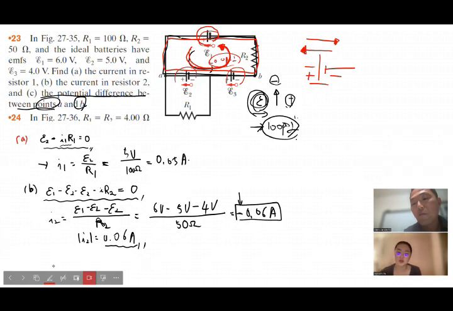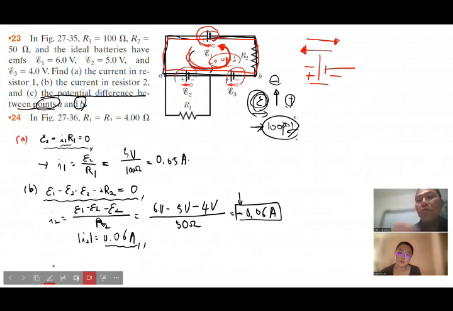I remember in the lecture that my teacher gave us, she said for the EMFs, you always want to go from low potential to high potential. No, that depends on which direction you choose for the loop. You can set up any direction of the loop.